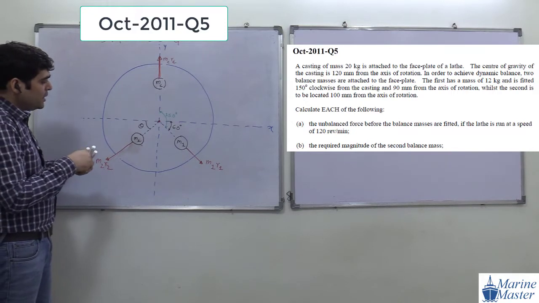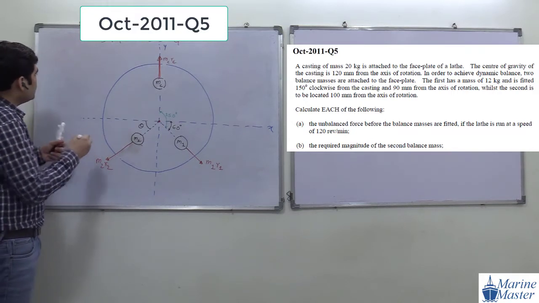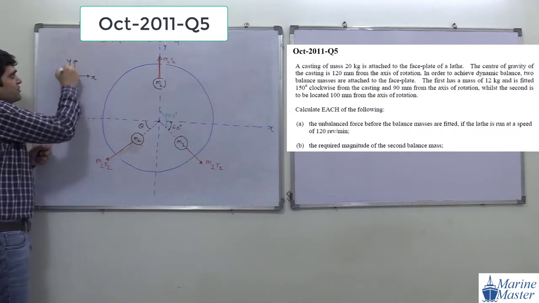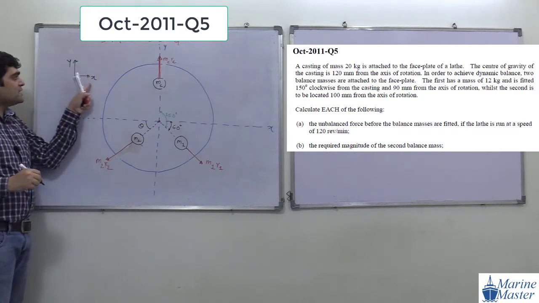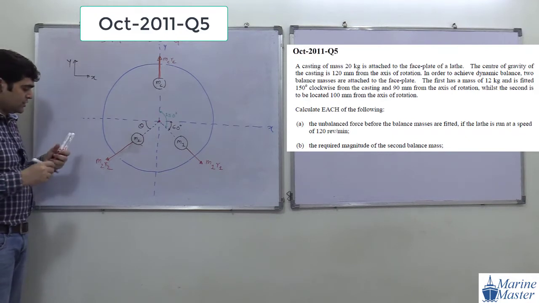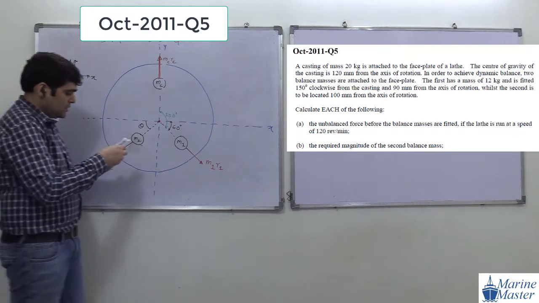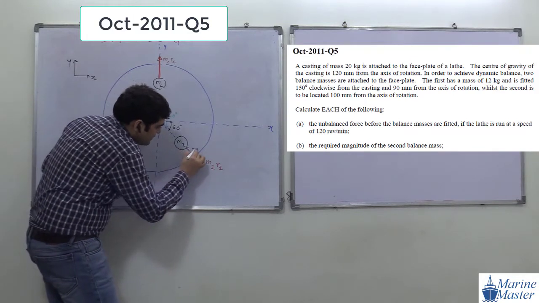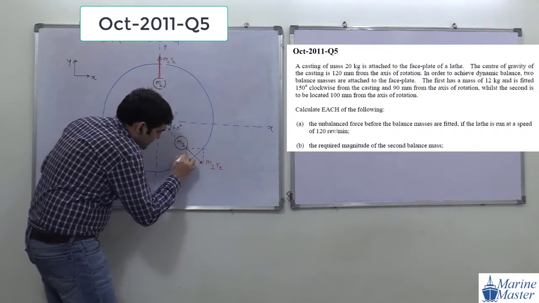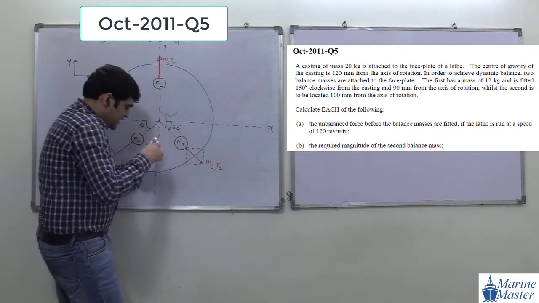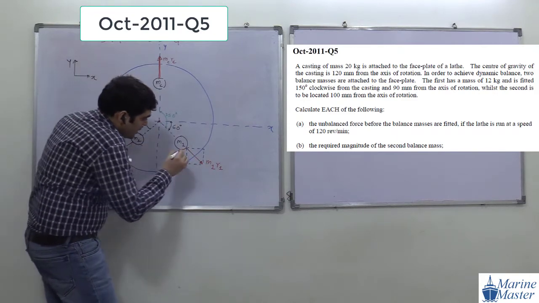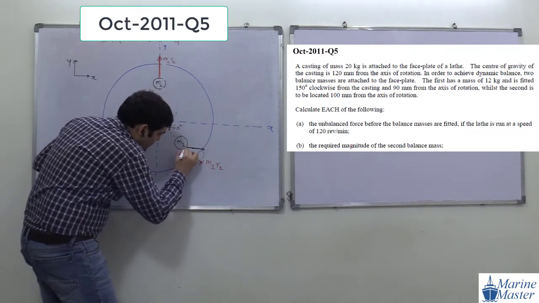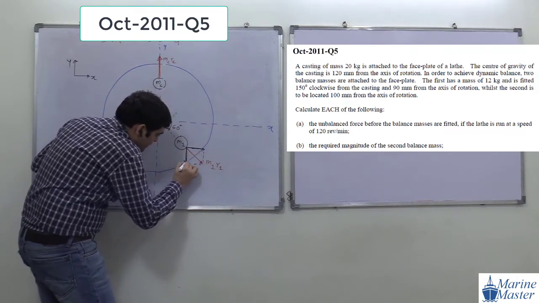Now see the scenario. For making its components, first of all I am going to show the x and y directions. This is our y direction, and this is our x direction. For making the components, first of all about this one, we are going to form a rectangle like this. See the components there. One component is like this, another component will be like this.